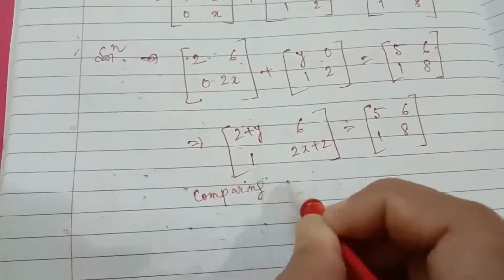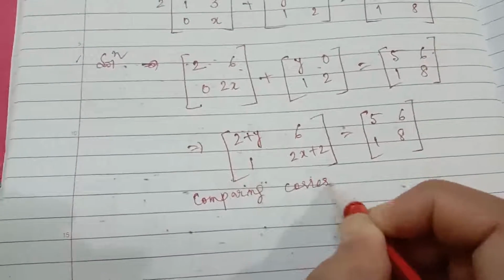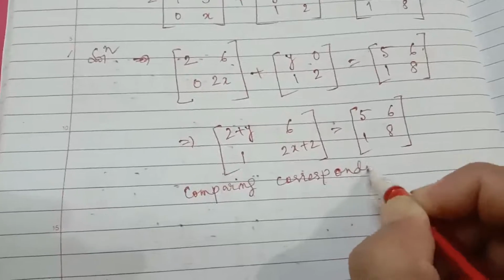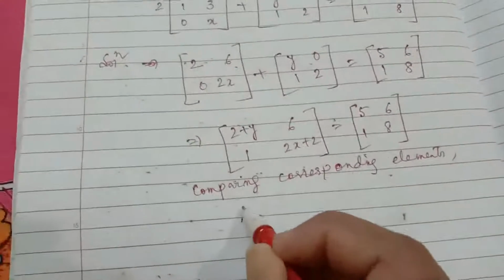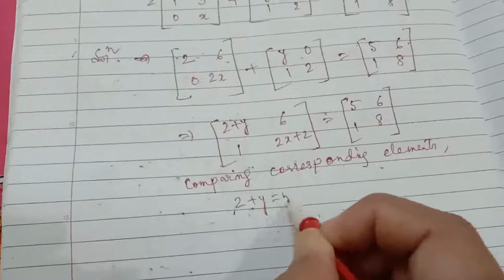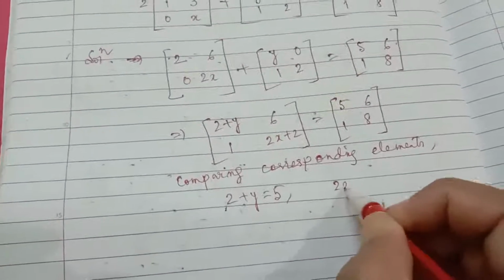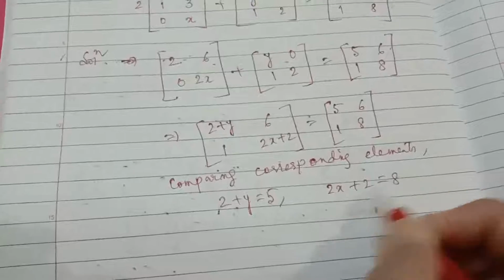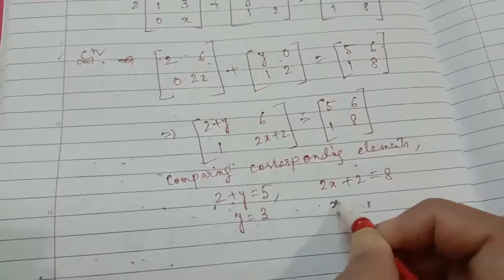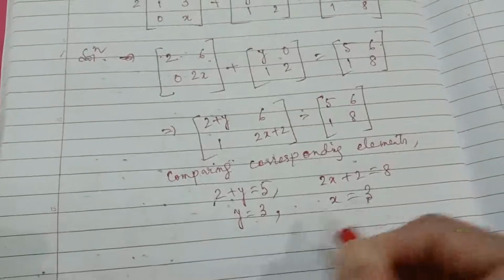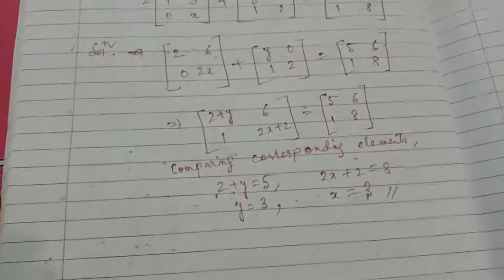Comparing corresponding elements, we get 2 plus y is equal to 5, 2x plus 2 is equal to 8, so y equals 3 and x equals 3.